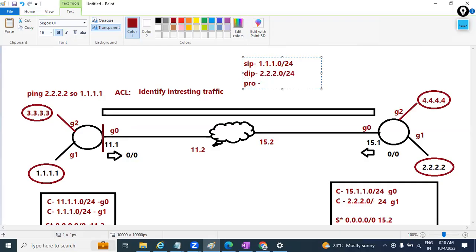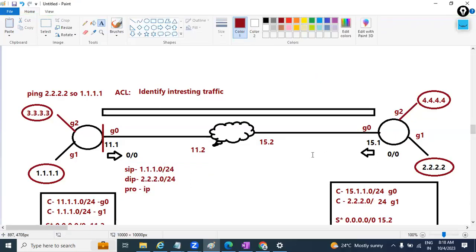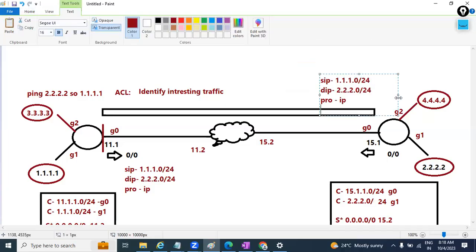Protocol also you can define. If you define IP, then all kinds of traffic. If you define TCP, then specific TCP traffic. So let's consider I'll use IP here. So I have to define this ACL inside the VPN configuration. And same on this side, I have to define one more ACL, but this time who would be the source?